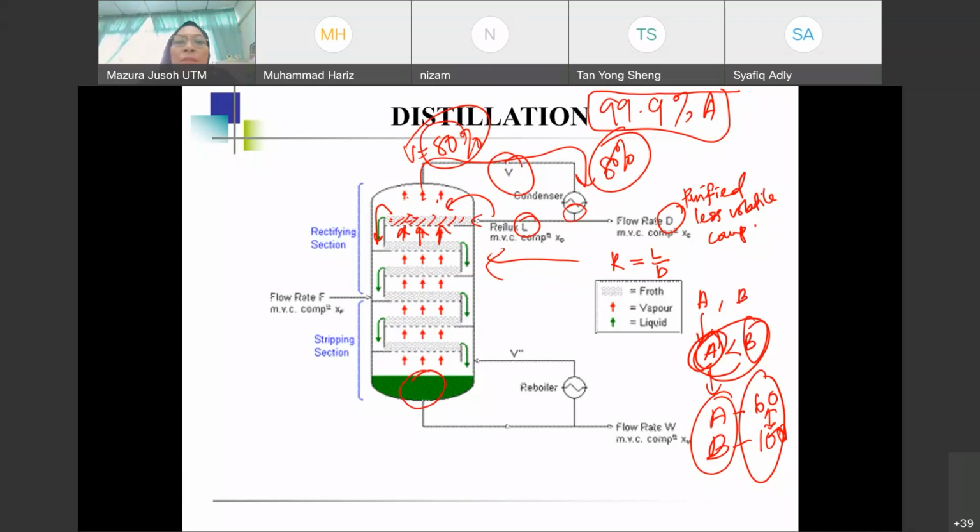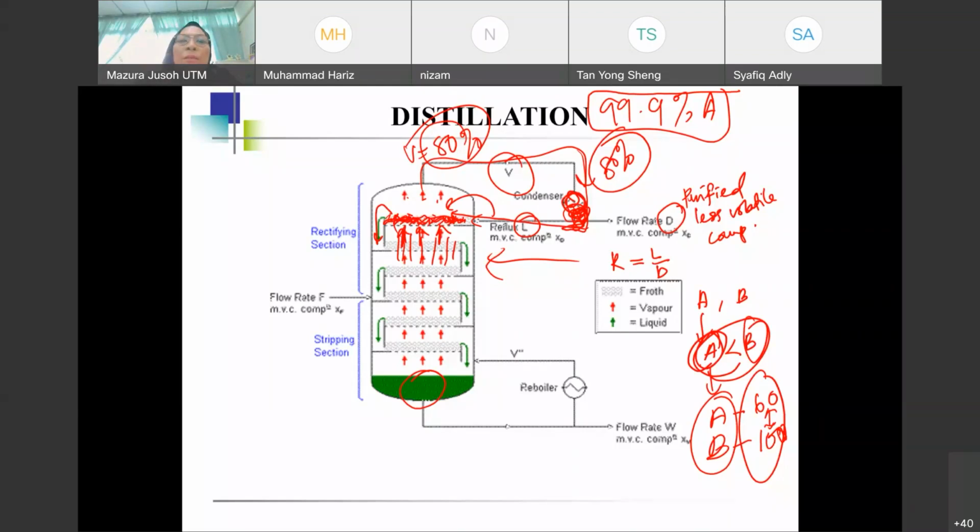So the way for you to increase is to bring back this liquid that is condensed. This liquid, which is rich in A, goes back into the column. Now, what you have on this tray over here is a liquid that is richer in A. So once the vapor that is penetrating through the opening of the tray goes through the liquid here on the plate, there will be a mass transfer. A mass transfer of what?